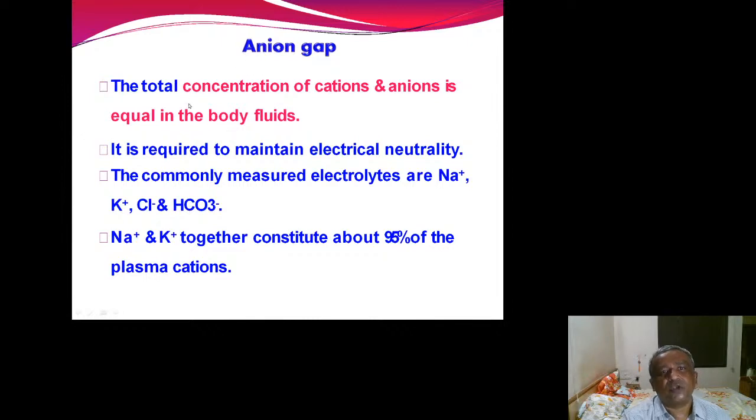The anion gap: the total concentration of cations and anions is equal in the body. The concentration of positive ions and negative ions is equal. It is required to maintain electrical neutrality. The commonly measured electrolytes are sodium and potassium as cations, and chloride and bicarb as anions. Sodium and potassium together constitute about 95% of the plasma cations, but the same is not true of the anions.